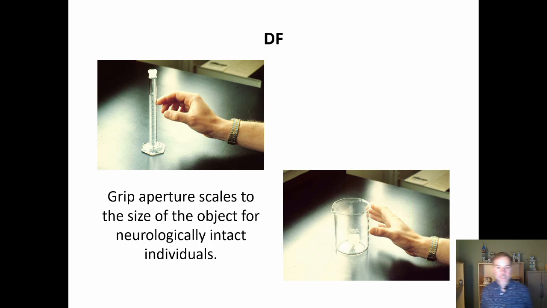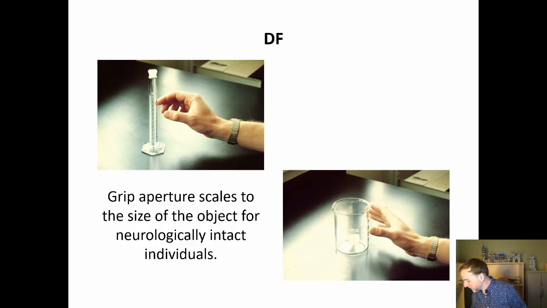Another example with DF, and here we're going to rely on the fact that when we reach for an object, we scale the size of our grip aperture, the distance between my thumb and finger, to the size of the object. So if I'm going to pick up this pencil, I'm going to make a small grip aperture because it's a small object. And I don't even really think about that. That's just naturally how grasping works.